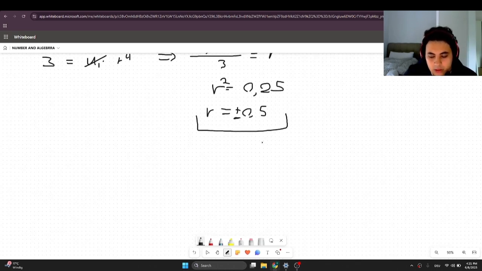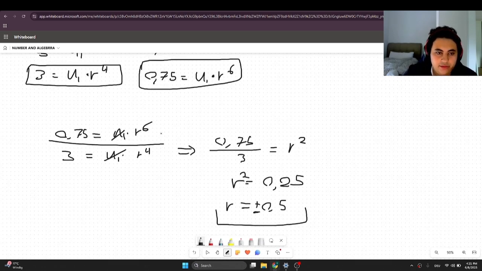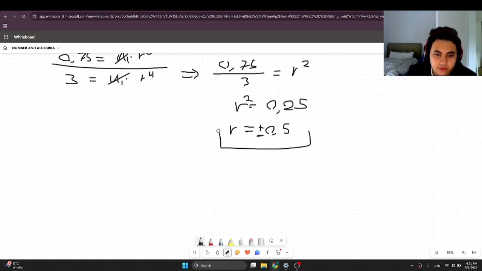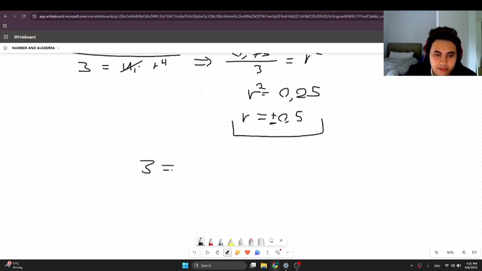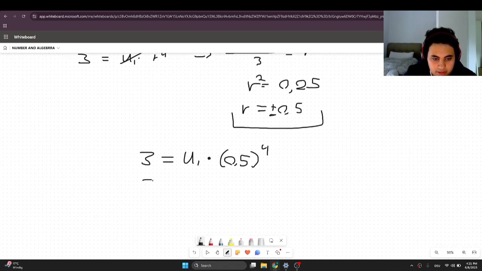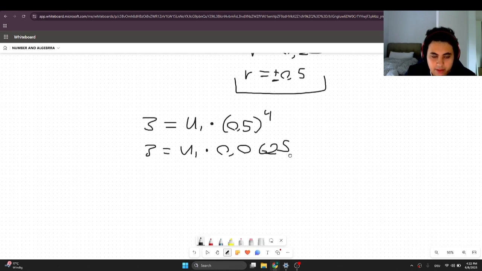Okay, so what we are going to do now is take this r and plug it into our formula over here. So 3 is equal to u1 multiplied by the common ratio 0.5 to the power of 4. Okay, so that's going to be 3 is equal to u1 multiplied by 0.0625.